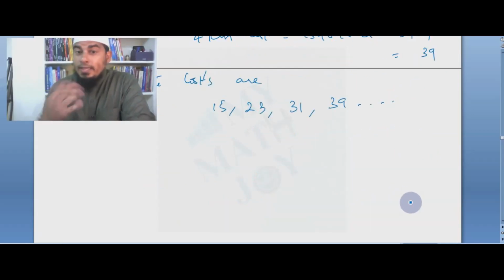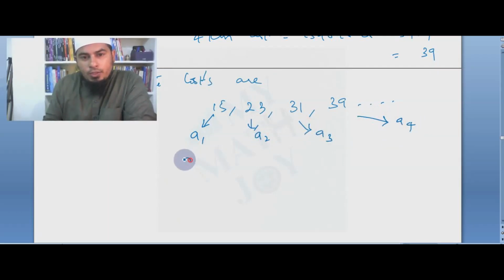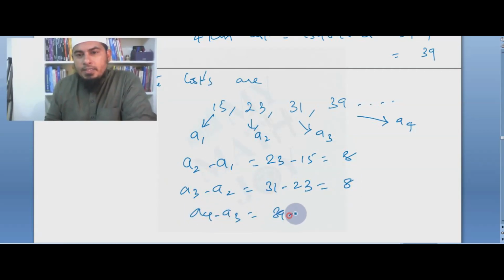Let us check whether it is an AP or not. To prove this series is an AP, let this be A1, this A2, this A3, and this A4. A2 minus A1 is 23 minus 15, which is 8. A3 minus A2 is 31 minus 23, again 8. A4 minus A3 is 39 minus 31, which is 8.